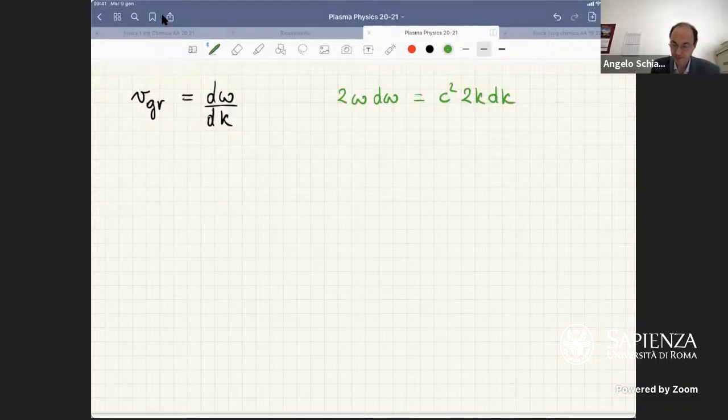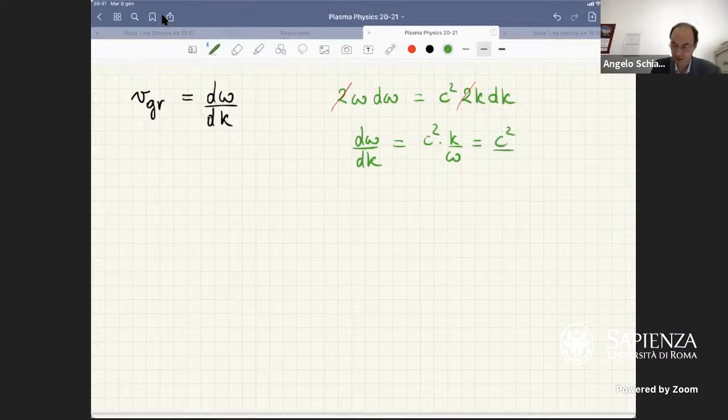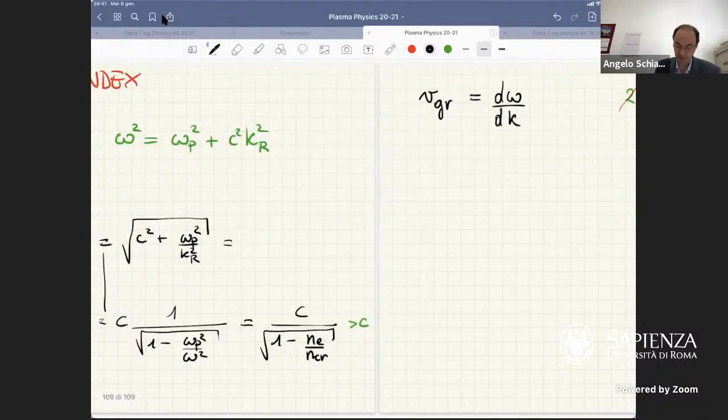We can take the factor 2 away, and from this d omega over dk equals c squared times k divided by omega, and the ratio k over omega is 1 over the phase velocity. So this is c squared divided by the phase velocity. And in our case, the phase velocity is that one there.